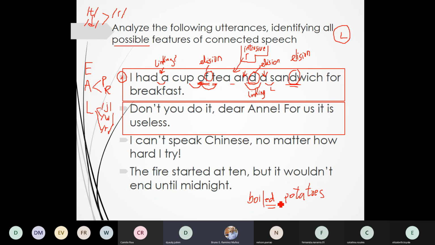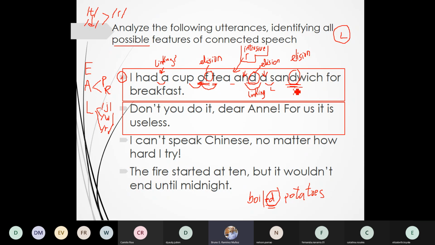So if you remember in the video, the speaker in Tim's workshop said, in general, speakers would not use the d in the expression boiled potatoes or steamed potatoes. This final d was sort of dropped, sort of elided. So I guess those are the cases.